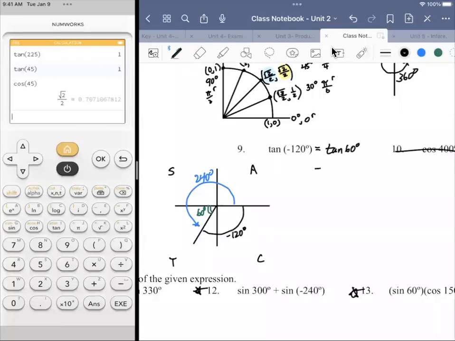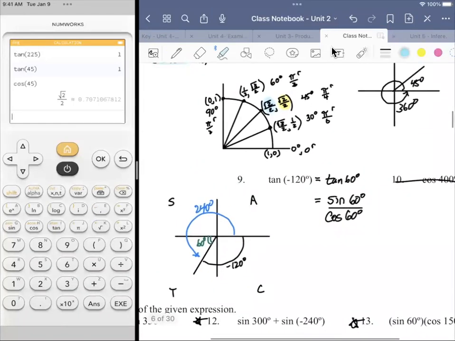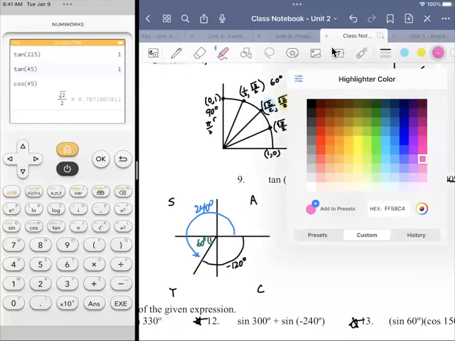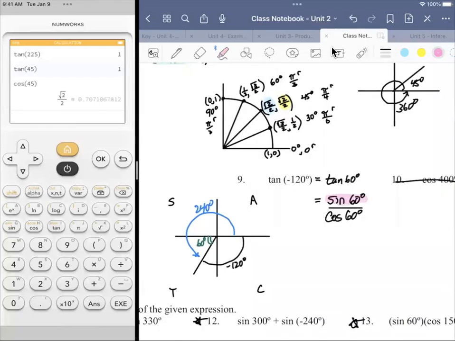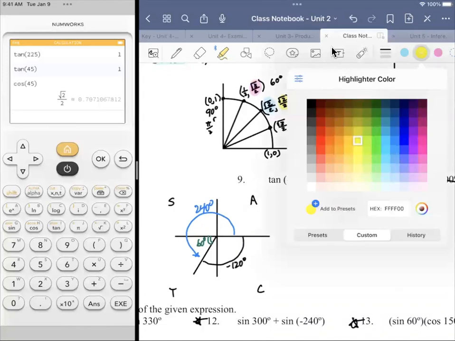All right, tangent of 60, well, tangent is sine over cosine. So sine of 60 over the cosine of 60. So then I'm looking at my unit circle, or at least the first quadrant of it. Sine of 60 right here. And let's get a fresh new one, maybe a nice light green.